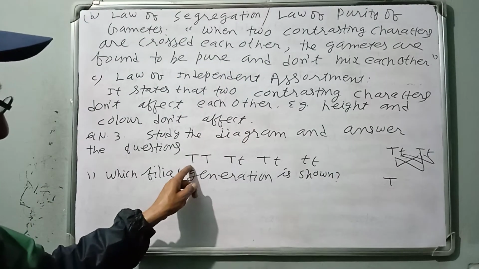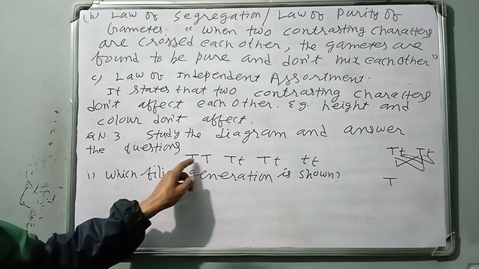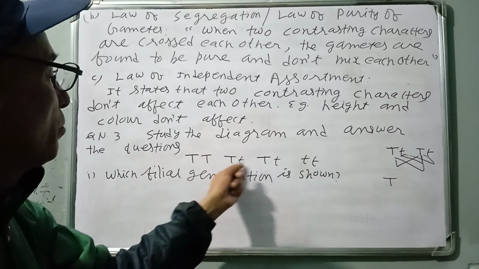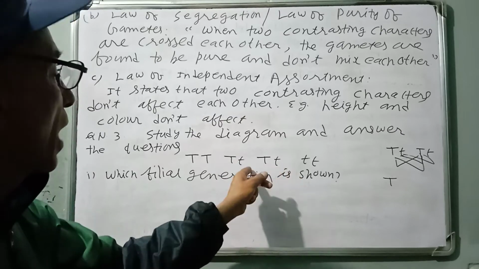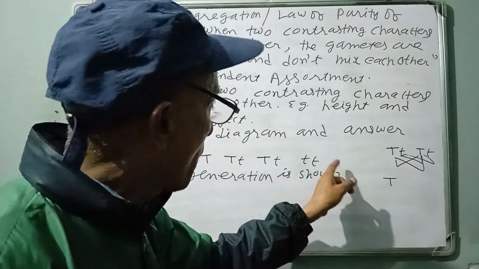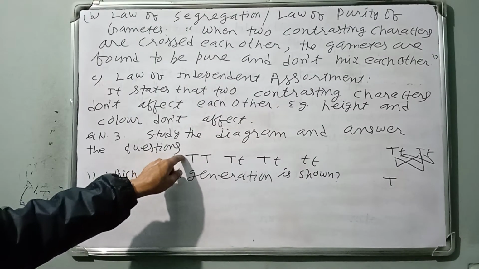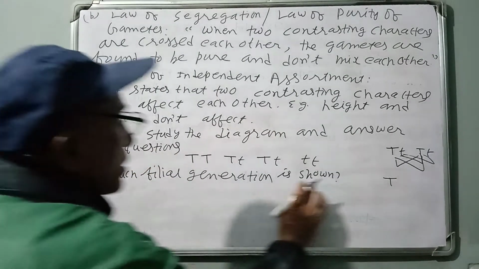How to know? Capital, pure tall, capital small, hybrid tall, and small, pure dwarf. This means it must be the second filial generation.